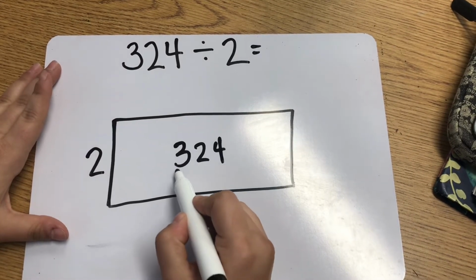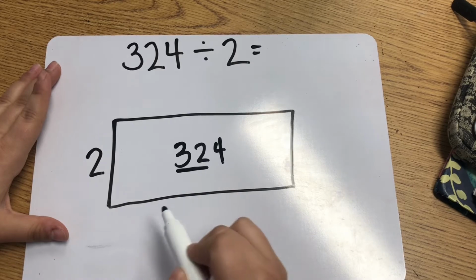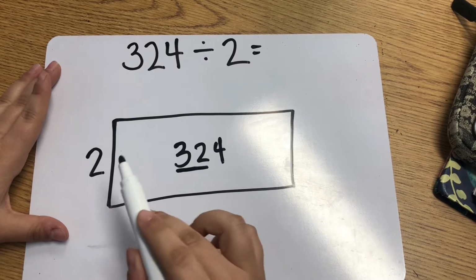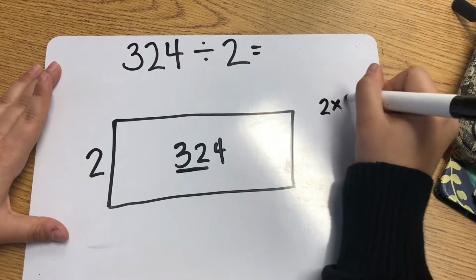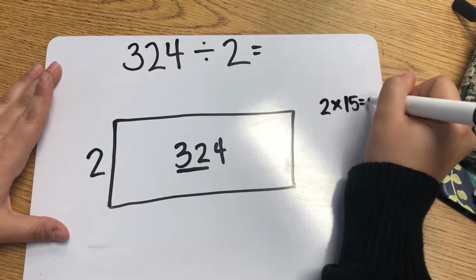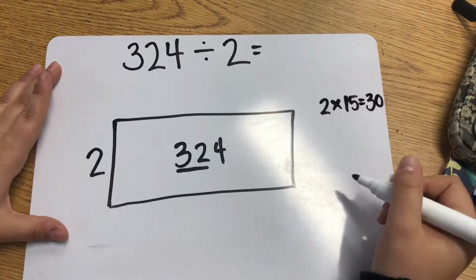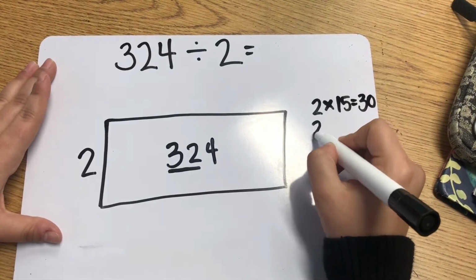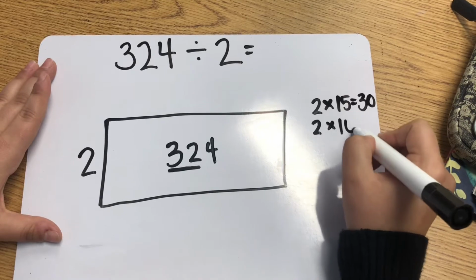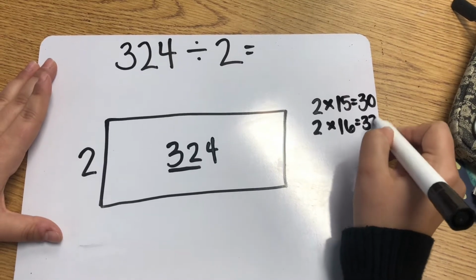I want to take a look at these first 2 numbers first. If I know that 2 times 15 is 30, then I'm going to try and get to 32. Then I could say that 2 times 16 is 32.